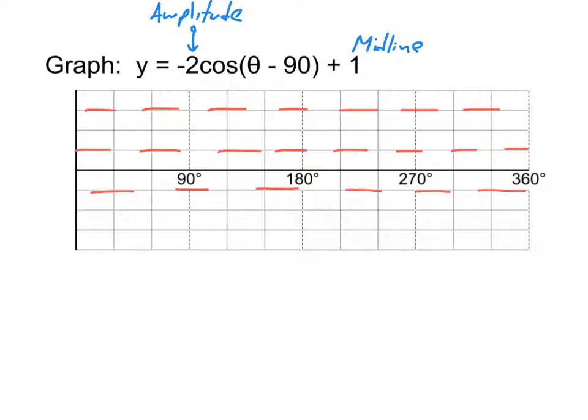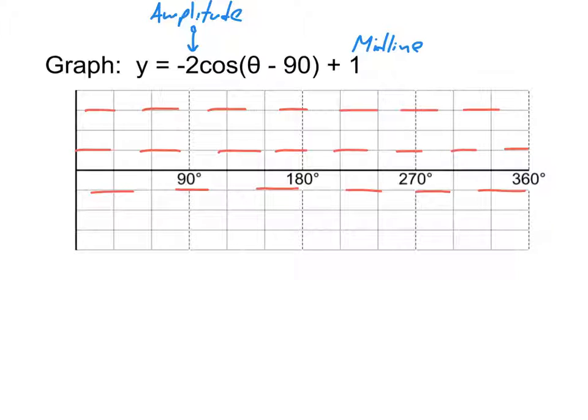From there, I really only need to figure out one more thing, and that's where do I put my first point. And I don't need to worry about the 2 or the plus 1 anymore, because I just dealt with those by drawing in those lines. The minus 90. Well, remember before that told us that we started by going right 90? So it's going to put my first point over at 90. Now, some people will actually put in another dotted line for that one.